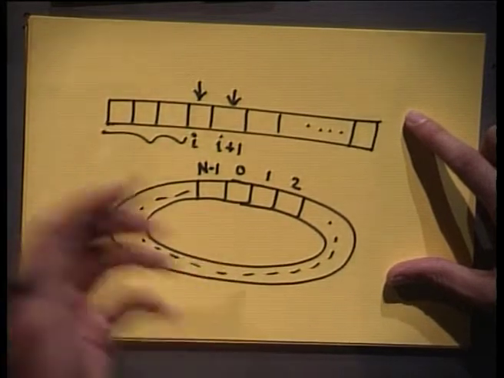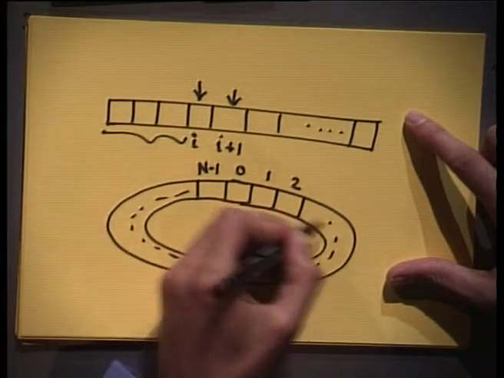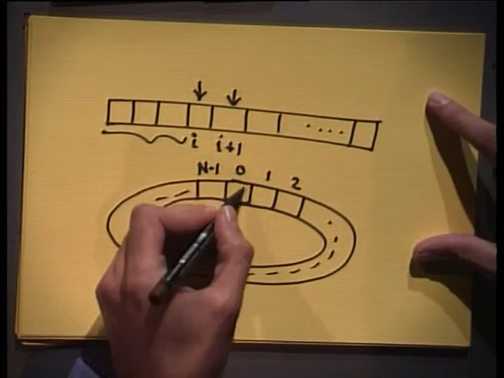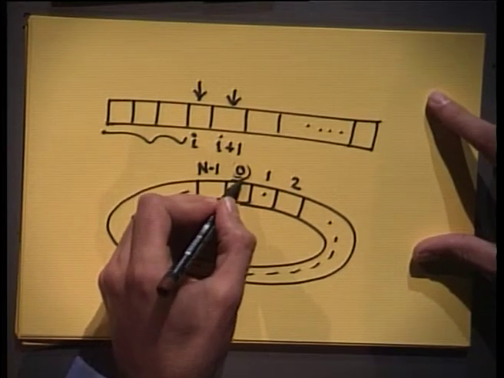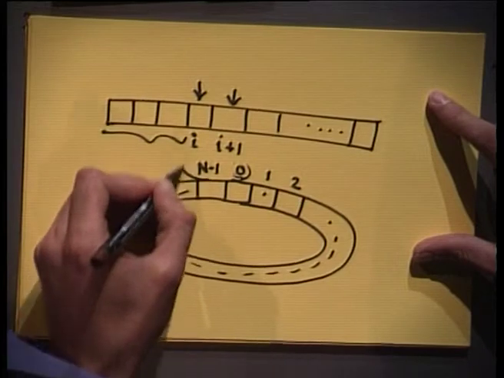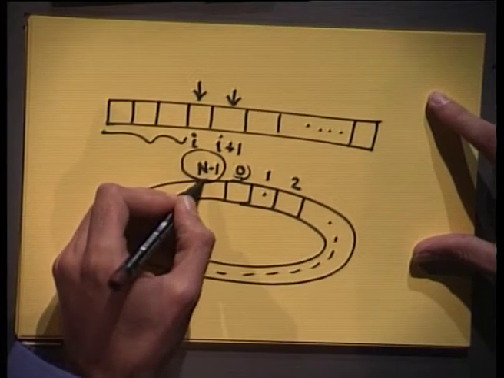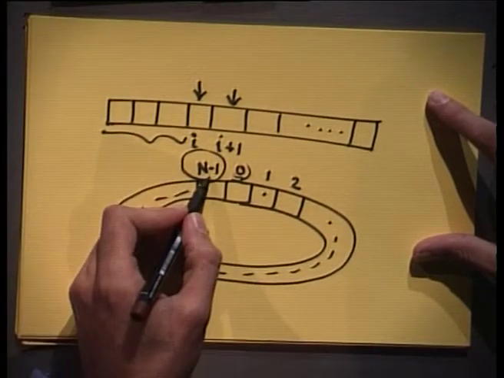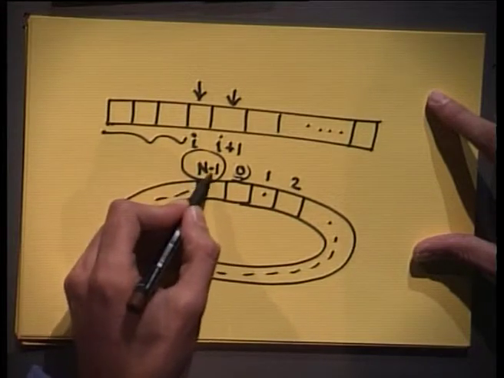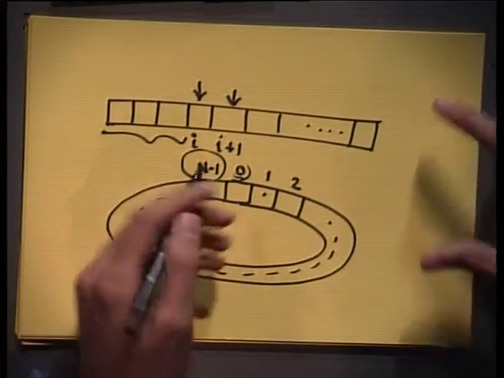That's okay along the road, where you can go to the next position by incrementing the index by 1, but when I get to the last position, I'm not going to go straight to n, the last position plus 1, because that does not exist physically within my array.